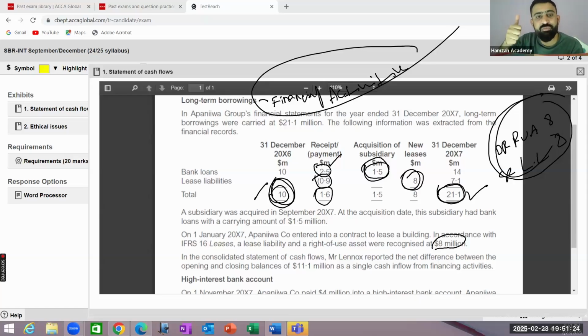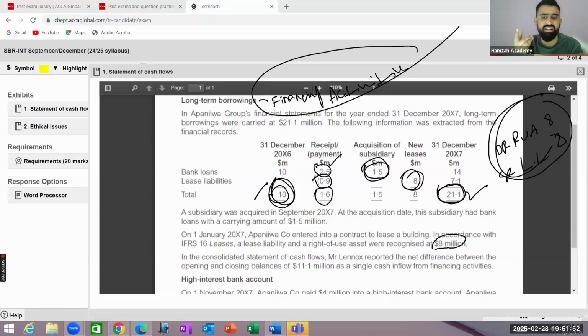You study the cash flow statement in financial accounting, you study it in F7 in the FR exam, and then the third time you study it in your SBR exam. Yes, it is a consolidated cash flow statement, but the basics are the same. So if you have knowledge of the cash flow statement, you know that long-term loans are a financing activity.